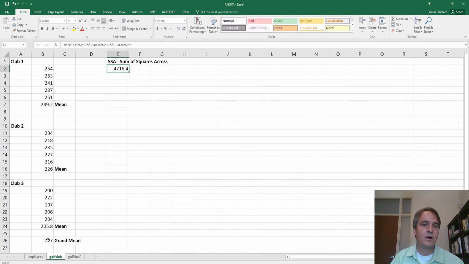So our sum of squares across is going to be 4716.